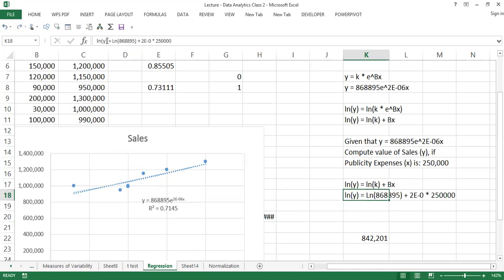Right, so let's compute it now. So that's the figure it's giving us. What does this figure represent?